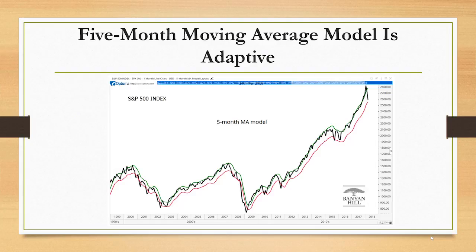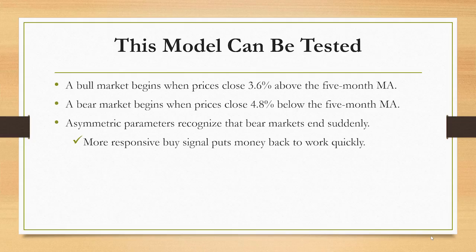And I've shown this chart in the article. This is the 5-month moving average model, and it adapts to the current market environment. Now, a bull market begins when prices close 3.6% above the moving average, and the bear market begins when prices close 4.8% below that average.